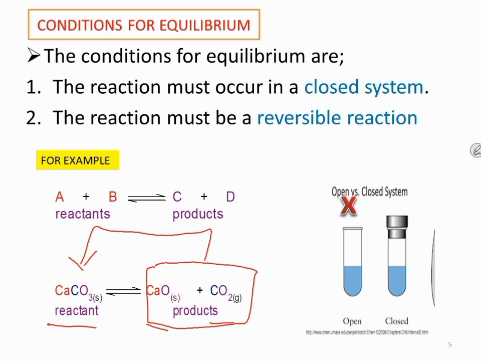Now, if the rate at which calcium carbonate is decomposing to give us CaO, which is calcium oxide, and CO2, which is carbon IV oxide, is equal to the rate at which calcium oxide is combining with carbon IV oxide to give us back the calcium carbonate, you say yes, this reaction is actually an equilibrium reaction. Of course, it has to occur in a closed system.